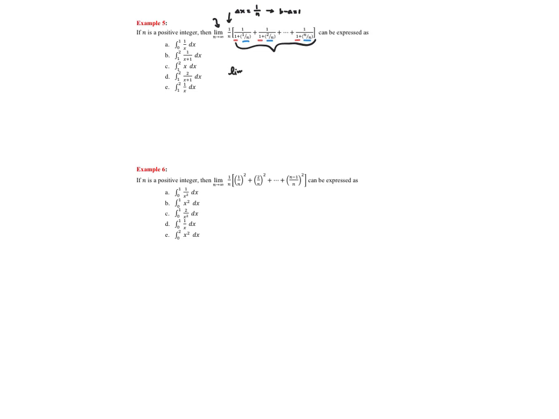Therefore, if I rewrote this as 1 over n times the summation from i equals 1 to n of 1 over 1 plus i delta x. We can clearly see, well, first of all, we know that b minus a is 1.